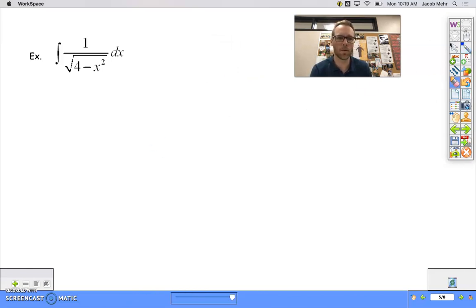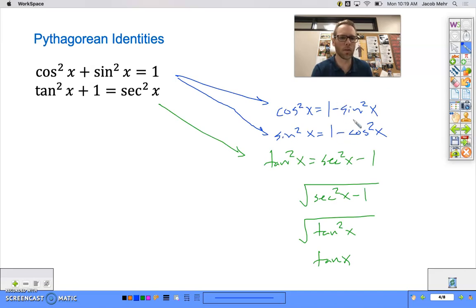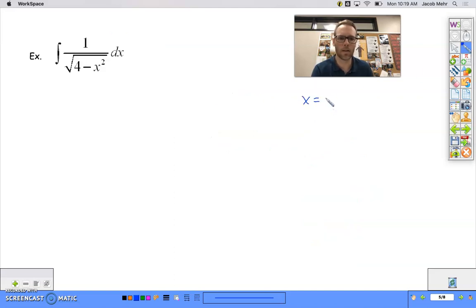So here's what my substitution is going to be. Let's let x equal... Now, it has that 1 minus x squared feel to it, so it could be either one of these. Let's just pick one and go for it. I'll pick the top one here. Let's let x equal the sine of theta.